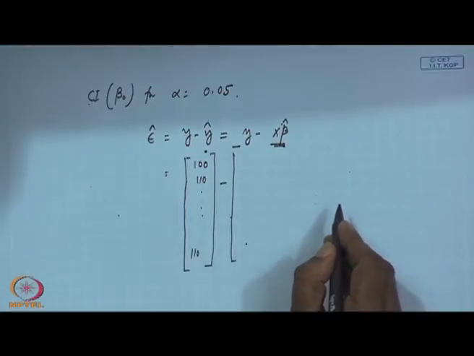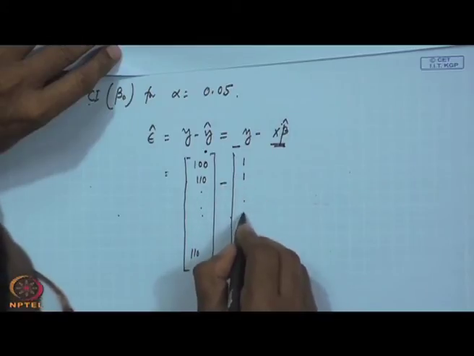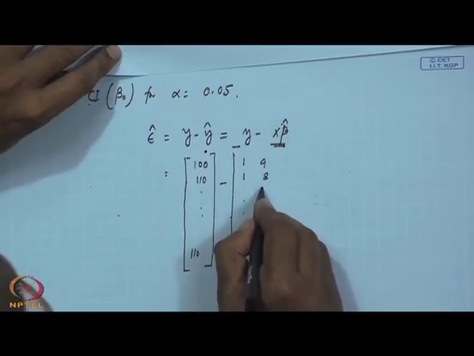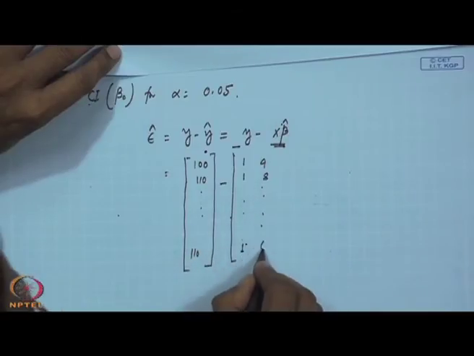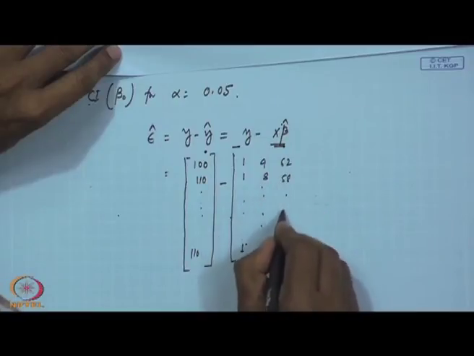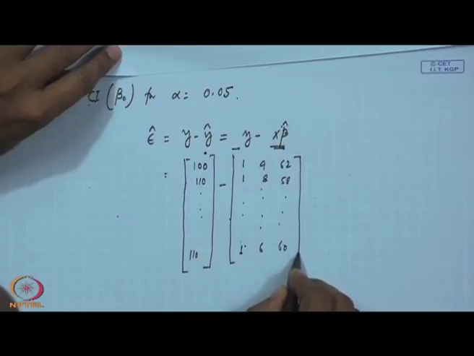What is your X value? When you compute, your X value will be all 1s, then 9, 8 like this, then 6, 62, 58 like this, 60. This is your X value.